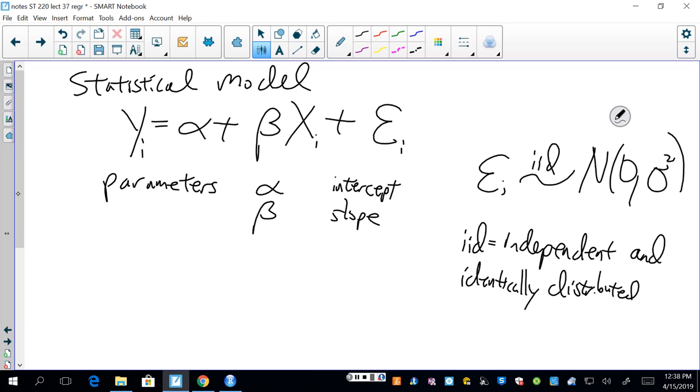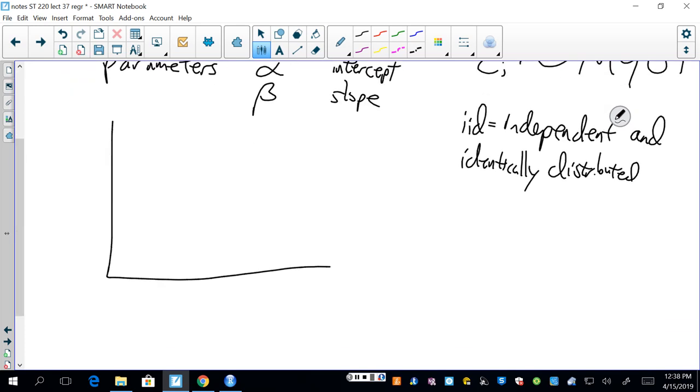So if the real truth is alpha plus beta x, this line, and we take some value of x we're interested in, we would expect the y value to be on that line. That's really the model, the true probability model underneath there.